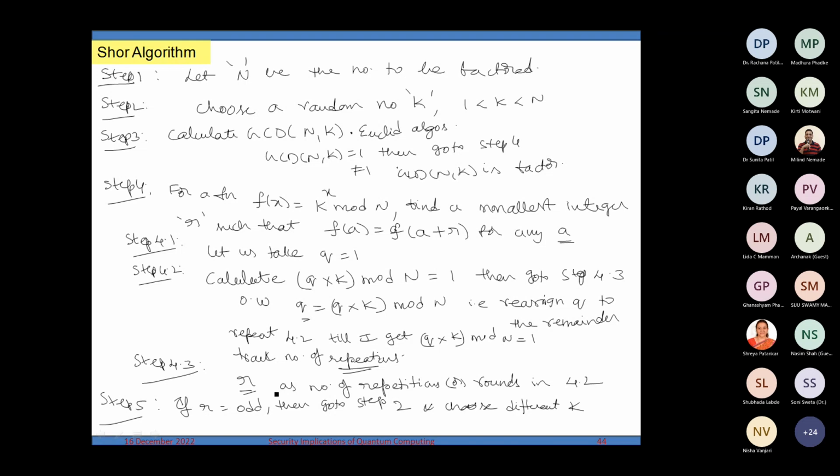If R, the number of repetitions I have made in 4.2, is odd, I go to step 2 again, choose another random number k, and start the process again. If R is even, I go to the next step.